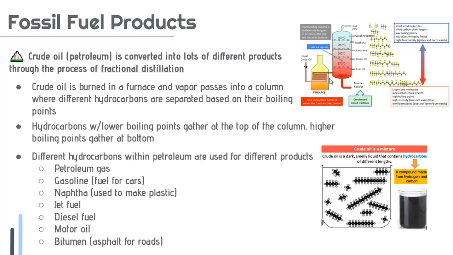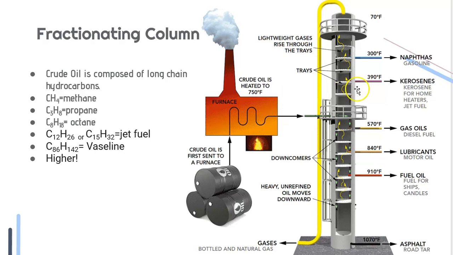What we do is we take it, and this is one way to look at the column, we're going to put it in a furnace and we're going to heat it up. The really long chain hydrocarbons are going to be really hard to boil and get off the top. They're going to stay at the bottom, whereas the smaller ones will go out the top. And so what we end up with is the small things like methane.